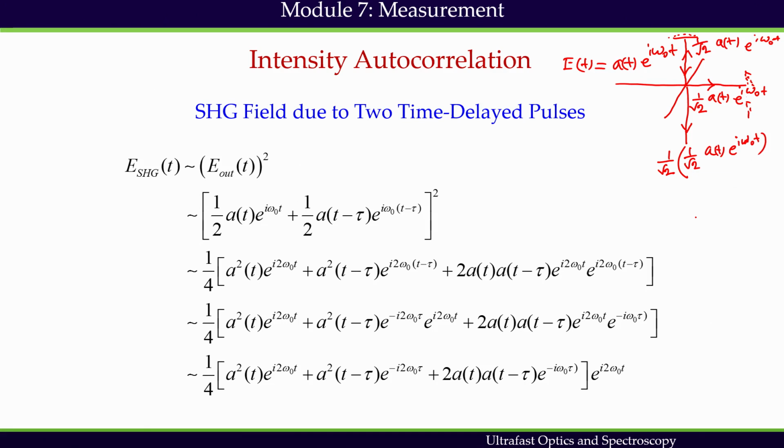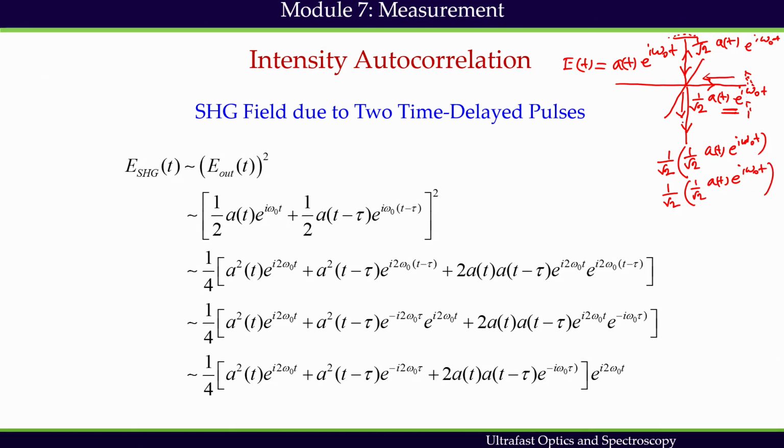That's the field. So one field is this one, and then again think about this beam. This will be reflected back by this 50-50 beam splitter. I get again 1 by square root 2 into that beam e to the power I omega naught t.